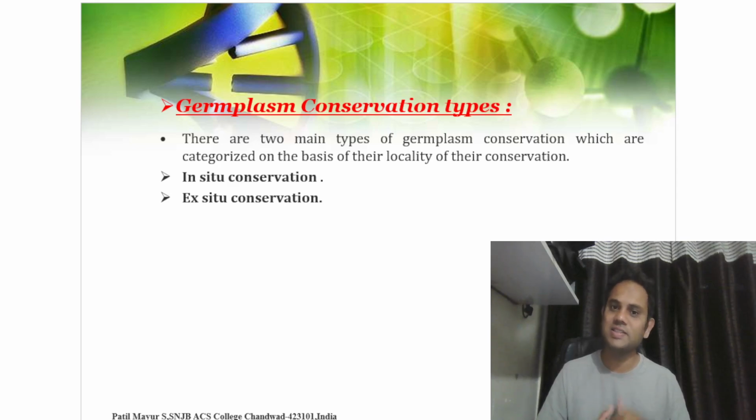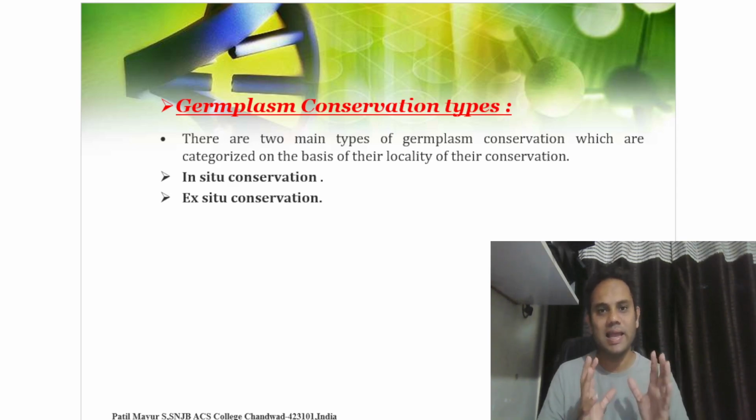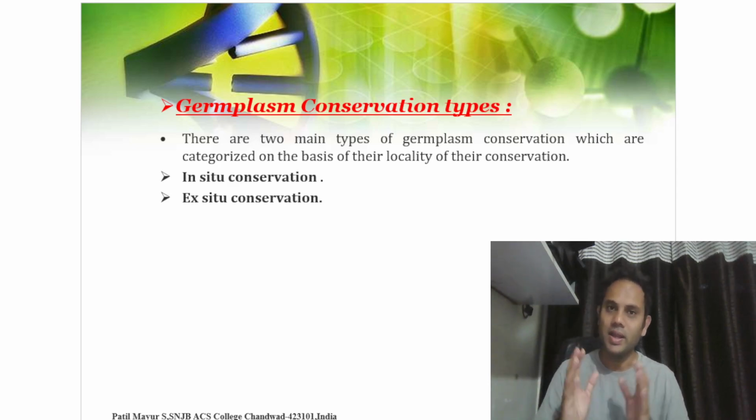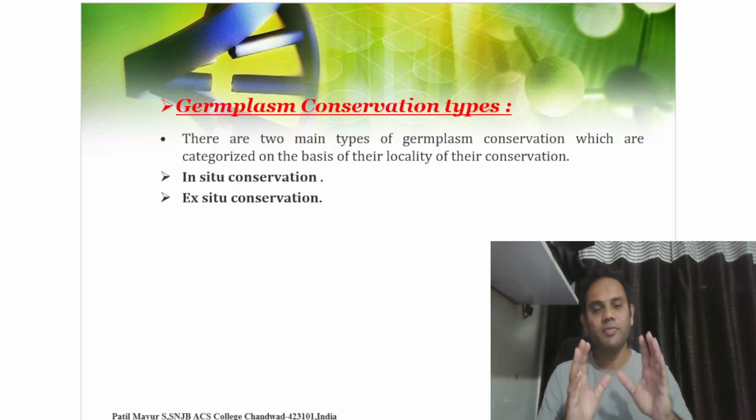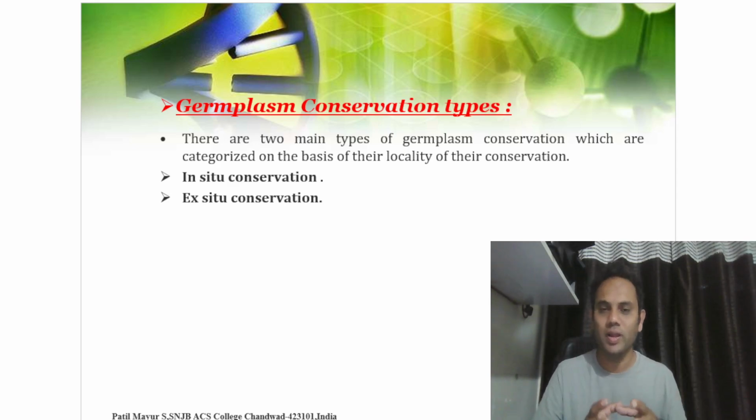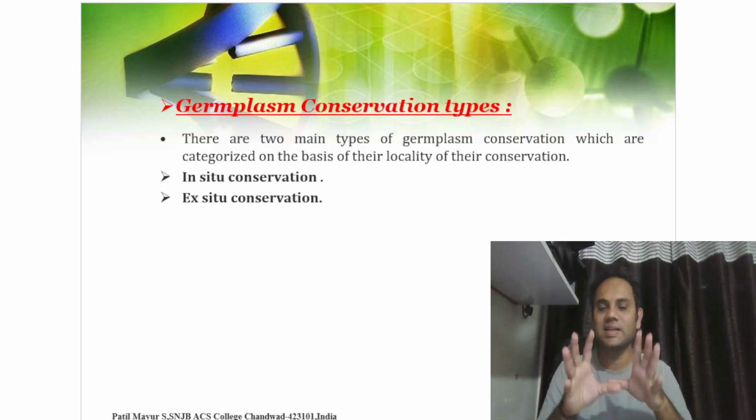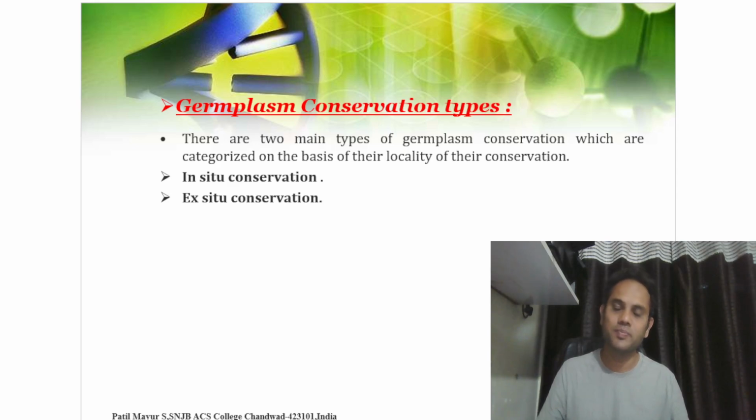Basically, germplasm conservation is of two different types: in situ conservation and ex situ conservation. What is the difference between in situ and ex situ? In situ conservation means conservation in the natural habitat. If we are able to conserve a particular plant in the place where it is naturally growing, it is considered in situ conservation.